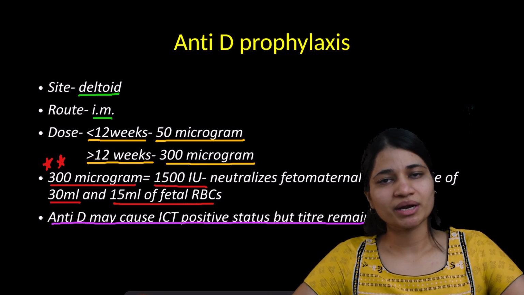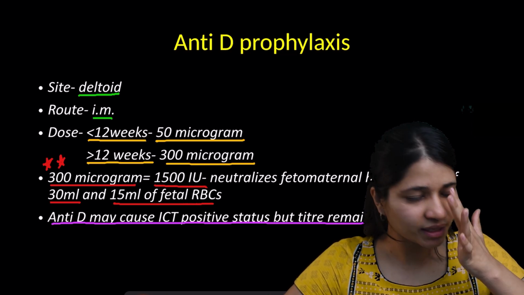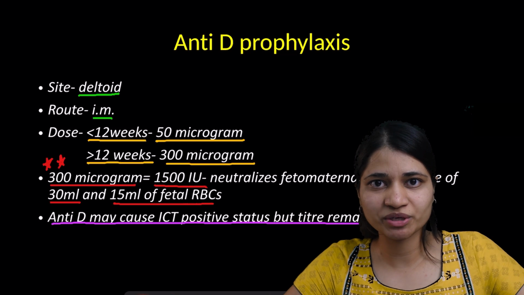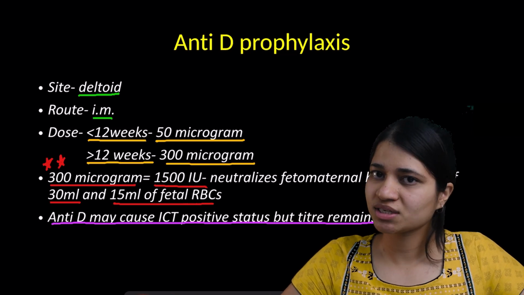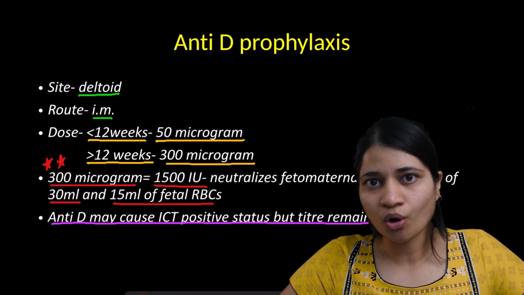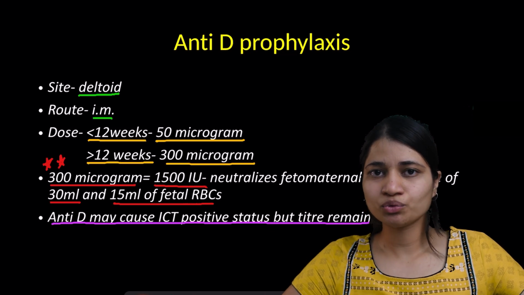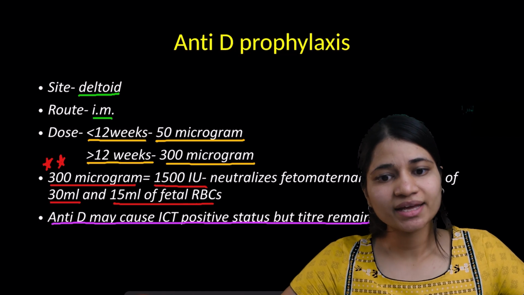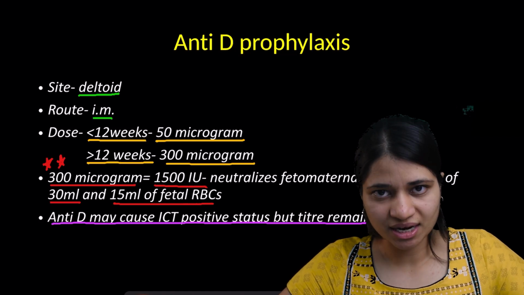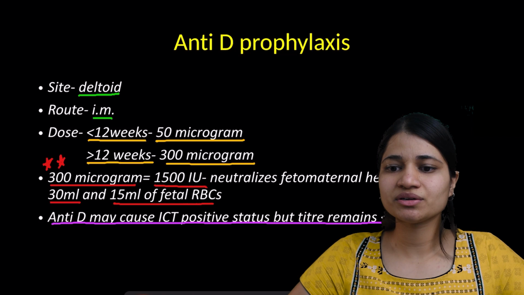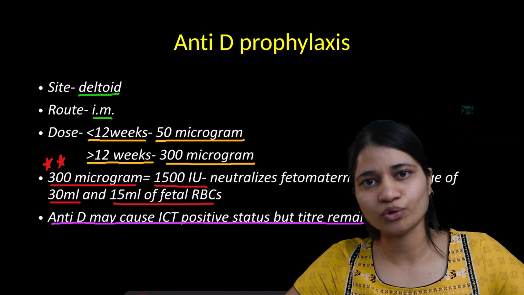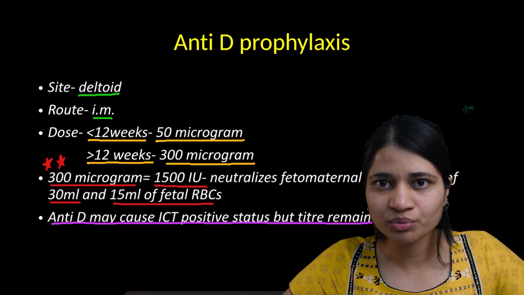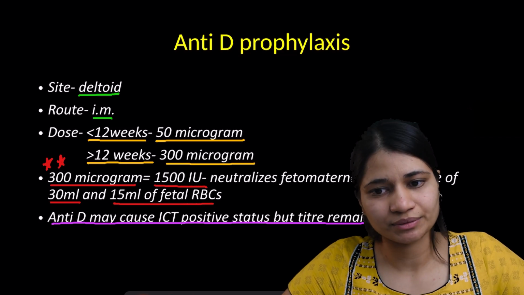Many a time when we are sitting in our OPDs, we come across patients who come to us with a positive ICT status. But on taking a detailed history, we get to know that they've already received an anti-D injection. So anti-D can also cause an ICT positive status, but we should know that this titer remains less than or equal to 1:4. And what was the critical titer we talked about? That is 1:16.